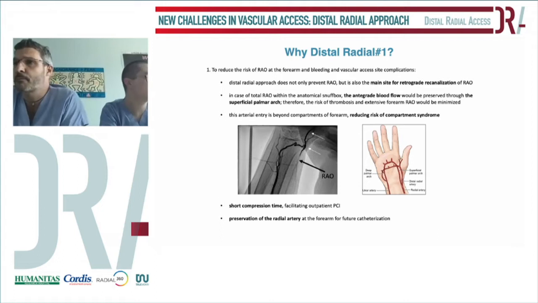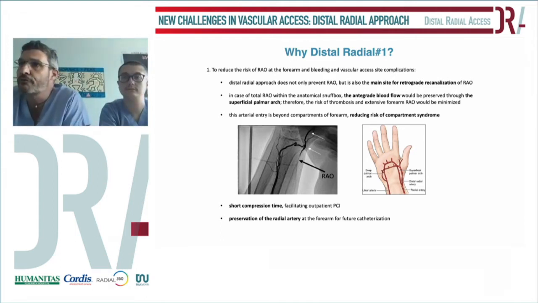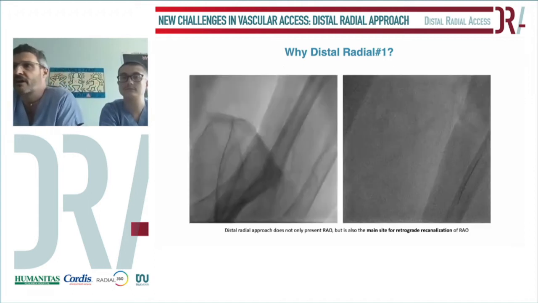It is a very important and very current aspect in our daily practice in the cath lab. And then finally, last but not least, the preservation of the radial artery at the forearm for future catheterization or for need of the radial artery as a conduit for coronary artery bypass graft.